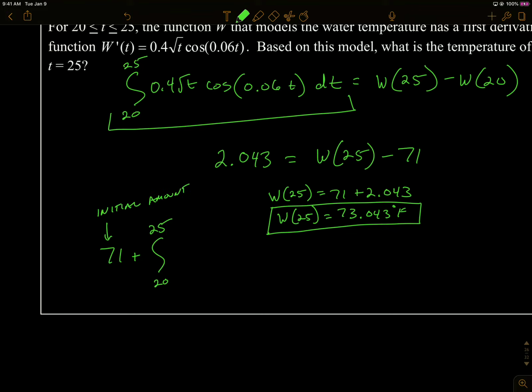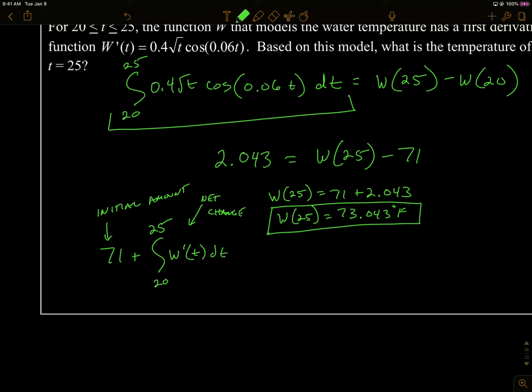It's already 71 degrees. The integral here, I'm not going to recopy this whole function, I'll just say W prime of t. That integral would represent the change. So again, I kind of think of money. If you had $71 in your bank account and I said that it went up by $2, then you would now have $73 in your bank account.